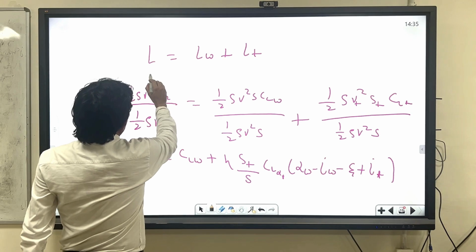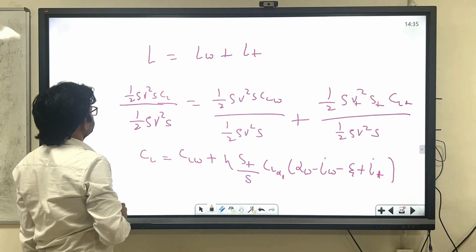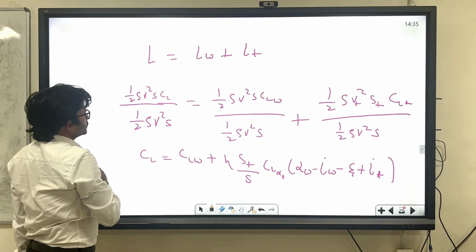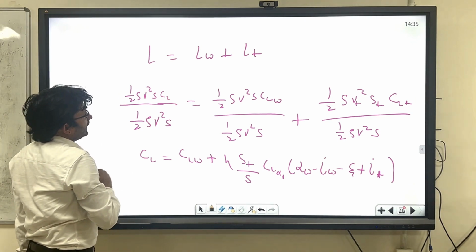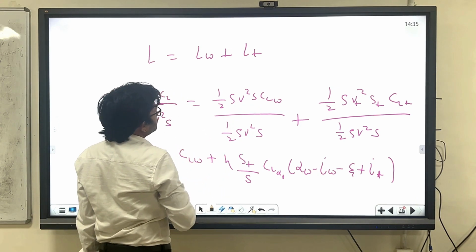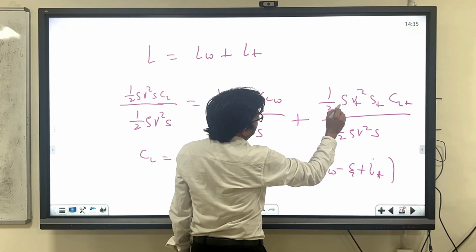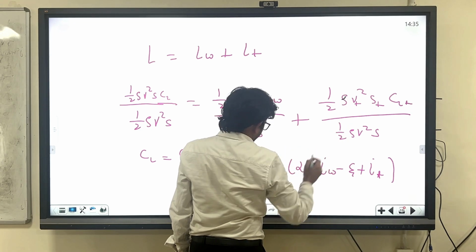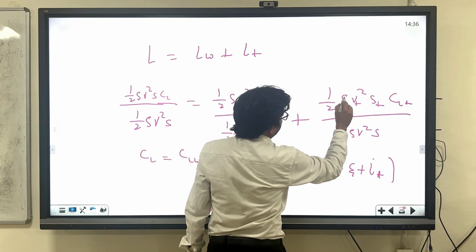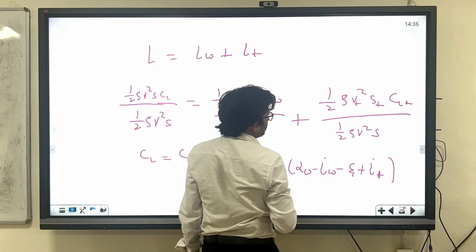Total lift equals lift of wing plus lift of tail. Total lift you can write as half rho V squared S into CL, and wing lift you can write as half rho V squared S into CL of the wing, and tail lift you can write as half rho Vt squared, tail area into CL of the tail.